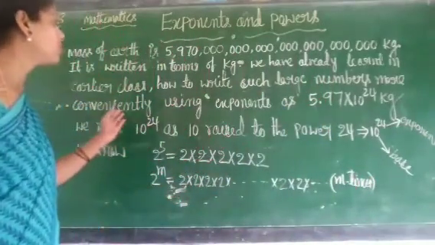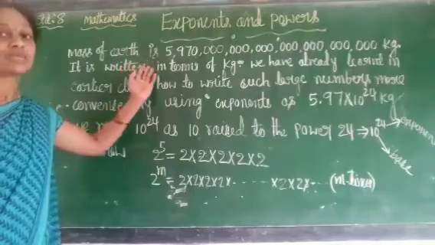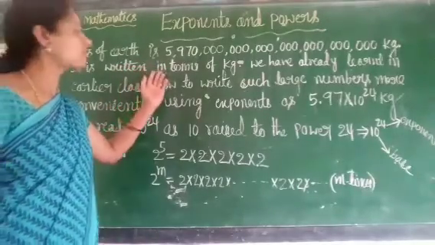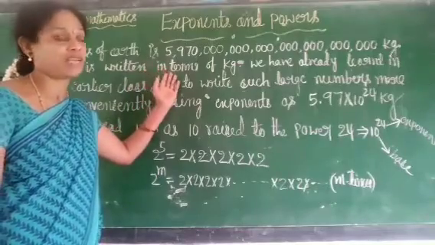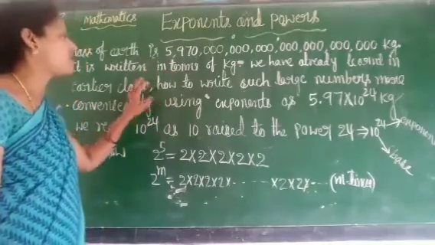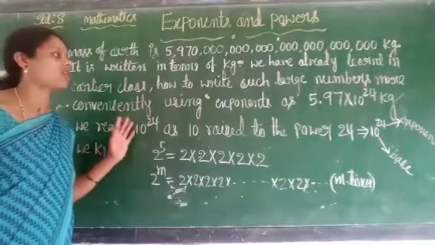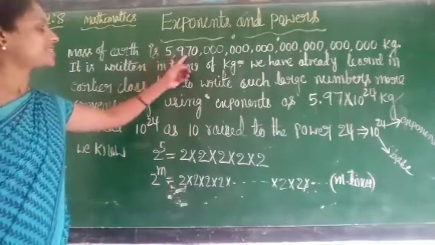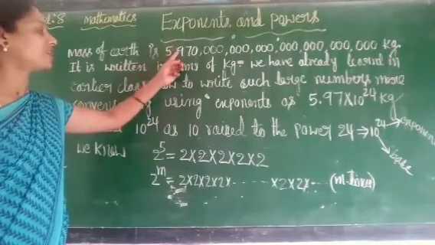Once again, the mass of the earth is a very large number, written in terms of kg. Using exponents it is 5.97 into 10 to the power 24 kg.